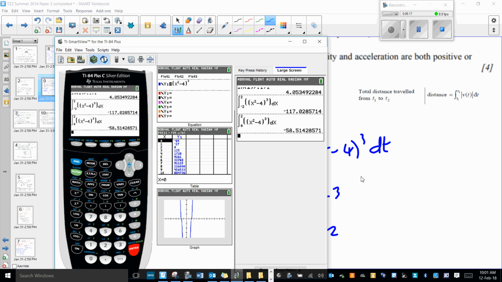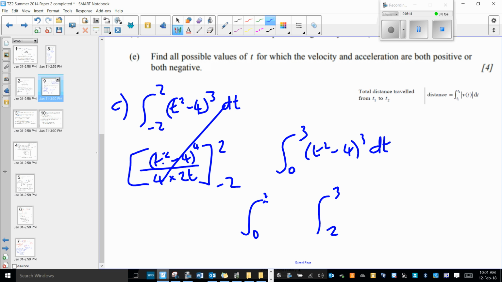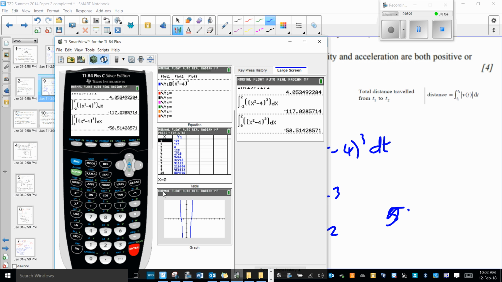That's 58.5. Obviously you're going to do this much neater. And then enter again.